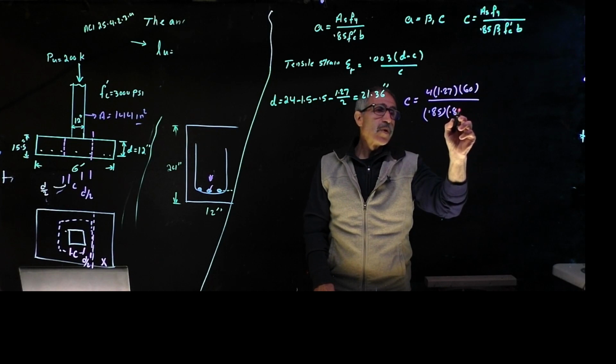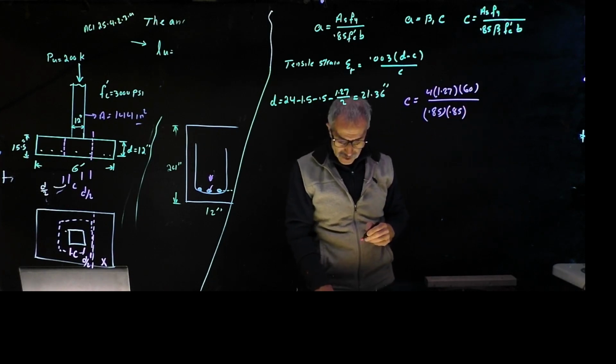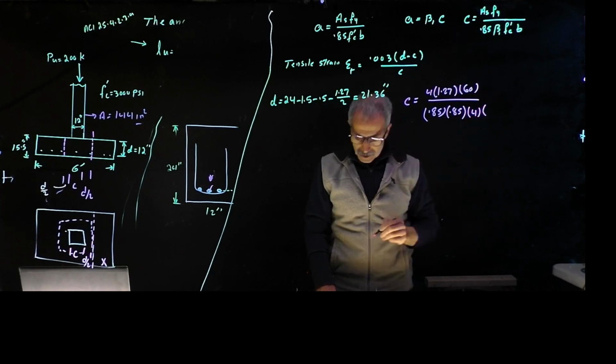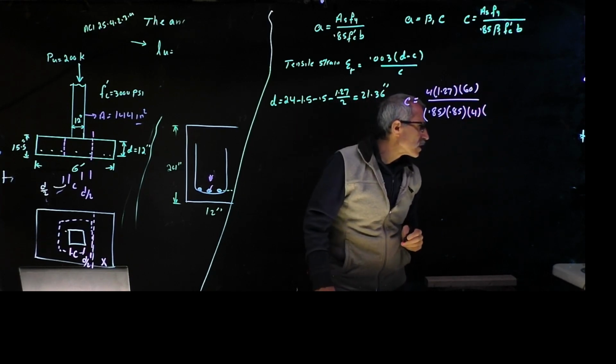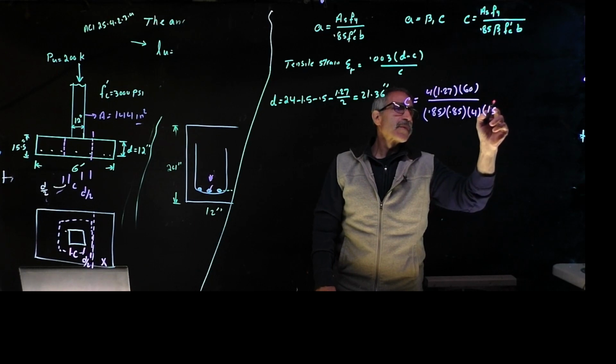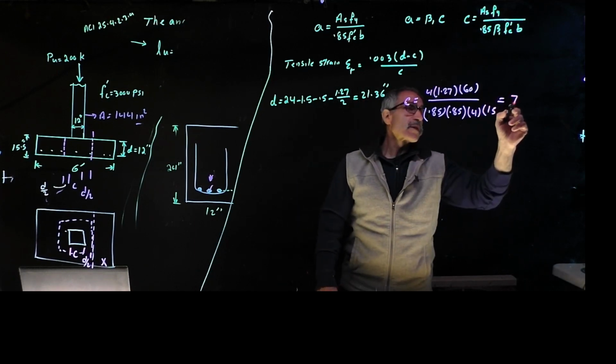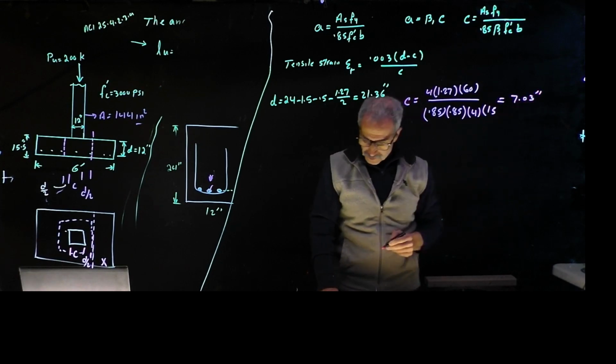Look that up in your handbook, you can find that. And times 4,000 pound concrete, times b, which they said was 15 inch. So that will give me the depth of the neutral axis, which is going to be 7.03 inches.